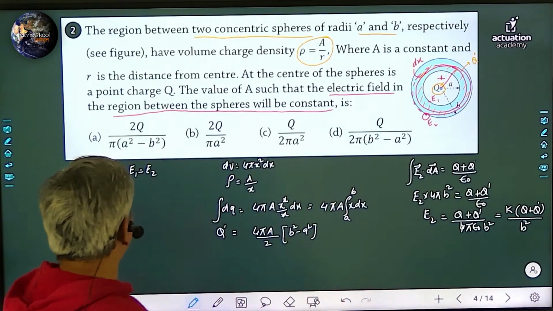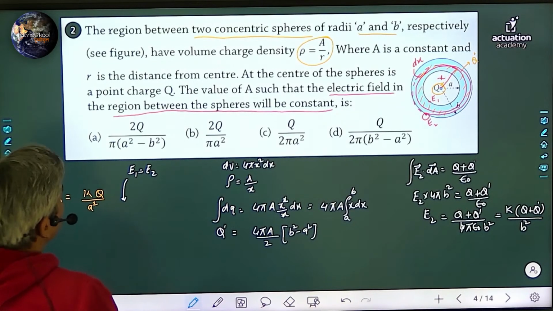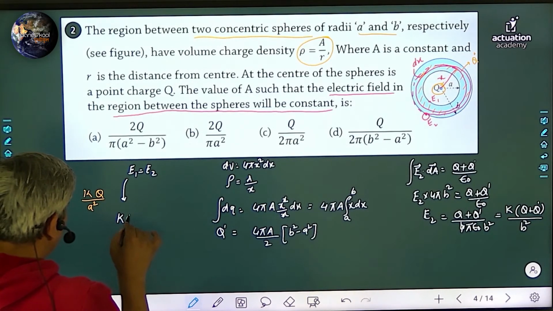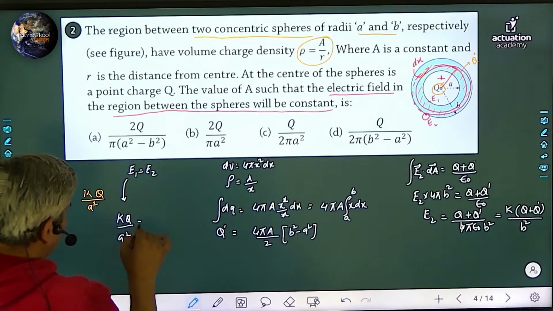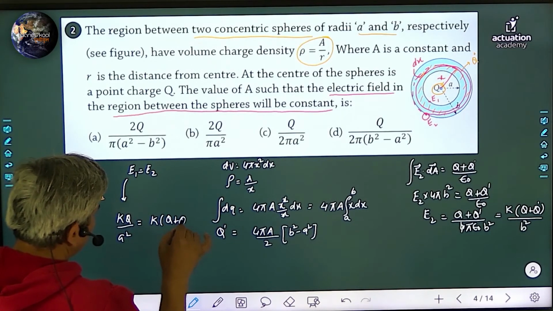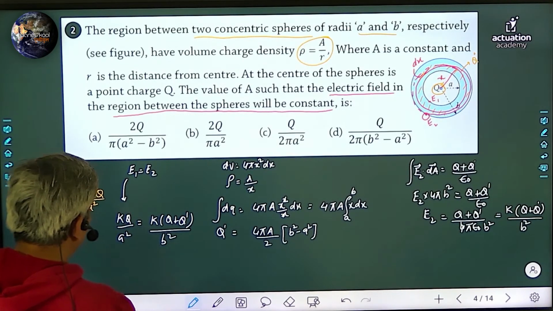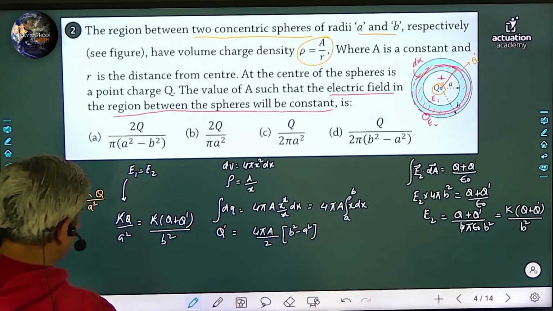Now, as per the question, E1 is equal to E2. So E1 is KQ by a square, and this will be equal to K Q plus Q dash over b square. Okay, K and K will cancel out.